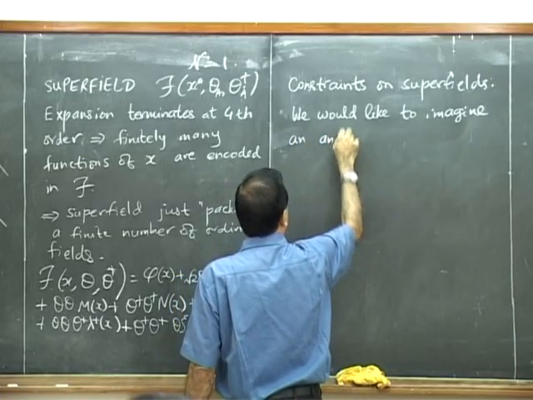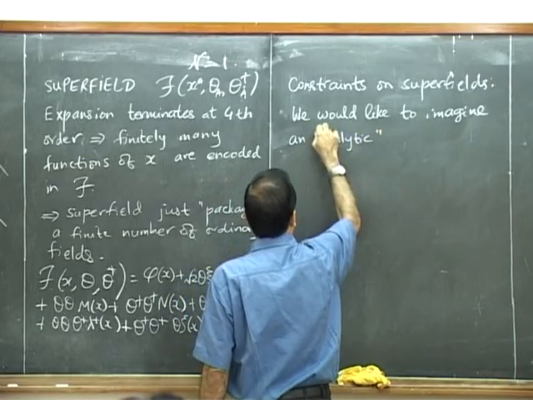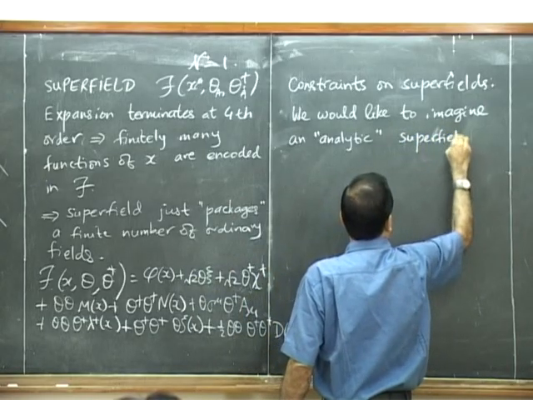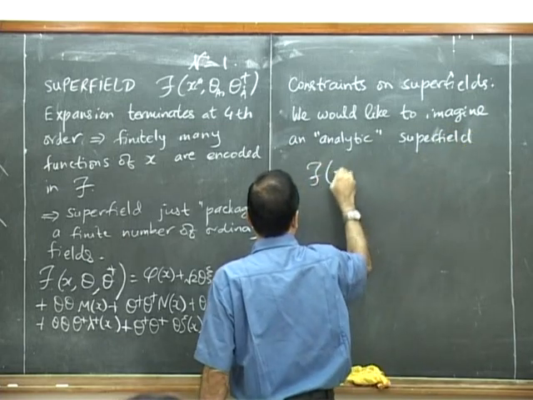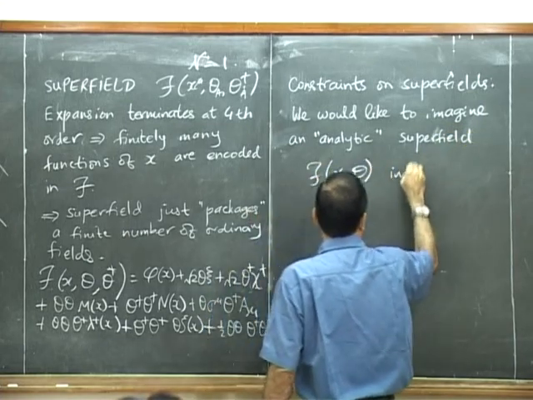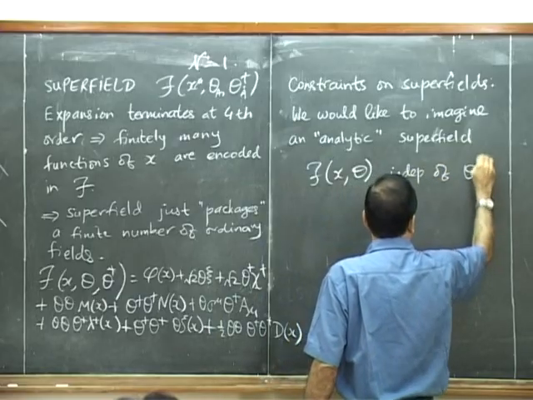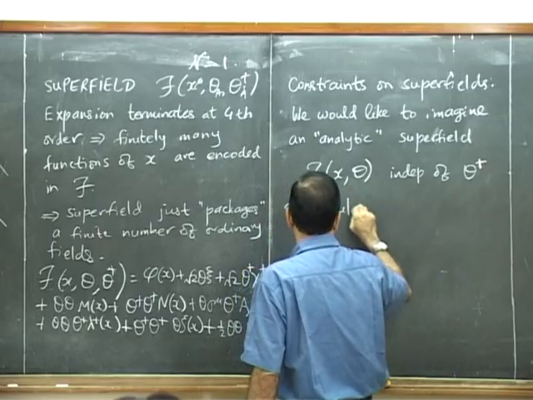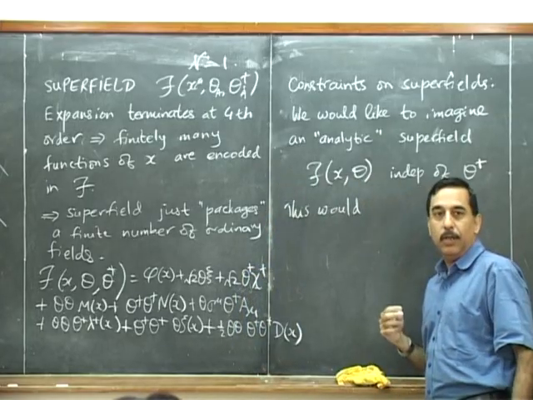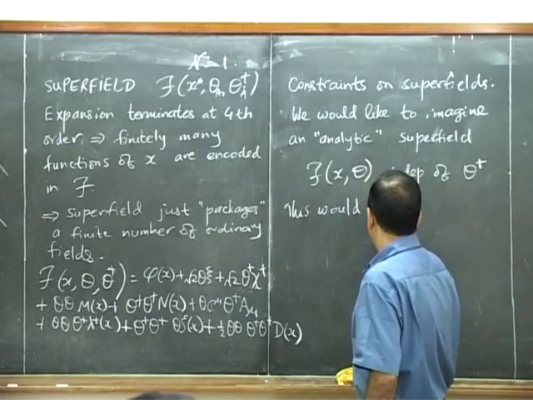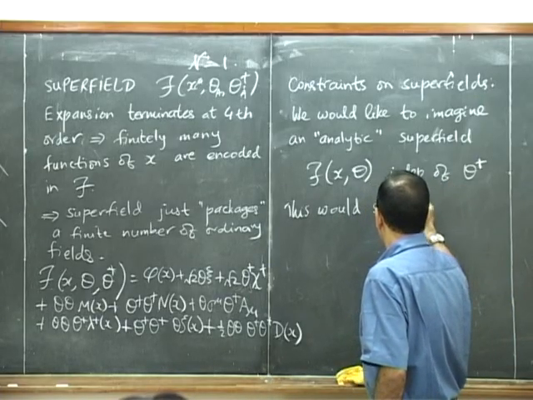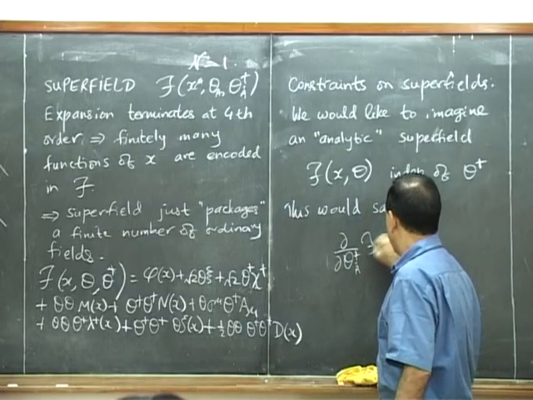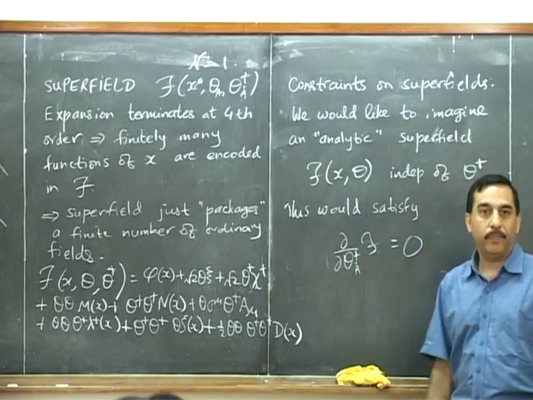An analytic superfield F, which depends on x and theta, independent of theta dagger. So this would have to satisfy such a statement that we have a function of x and theta independent of theta dagger would have to satisfy the constraint del by del theta dagger a dot on F equals 0.